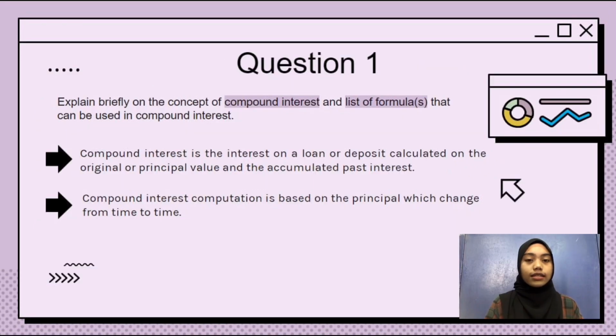Compound interest is the interest on a loan or deposit calculated on the original or principal value and the accumulated past interest. Compound interest computation is based on the principal which changes from time to time.